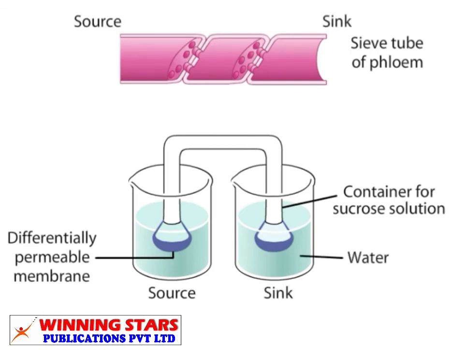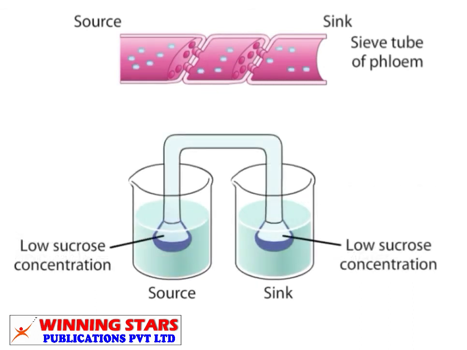The left one is the source and the right one is the sink, and water is present with a low sucrose concentration in both containers. The water will remain constant. In both vessels the water doesn't travel. No net movement is seen.